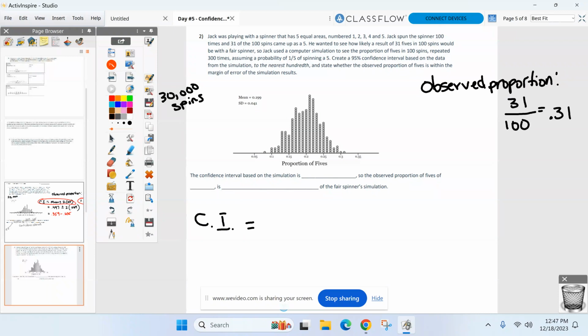You guys have been given the mean and the standard deviation, so go ahead and use the formula. And these, again, this is the number of times it came up a 5.